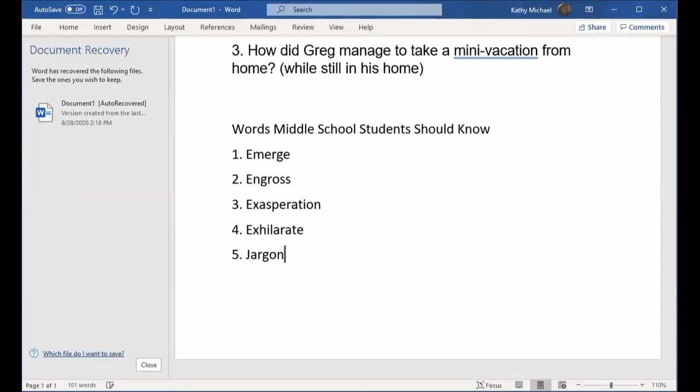Jargon. Jargon is technical terms or words or characteristics of some subject. Like you have jargon if you're in the military, they have certain words that they use only in the military that we don't use every place else. You might hear somebody talking in a certain field and you say, "What the heck are they talking about?" They may be using jargon.